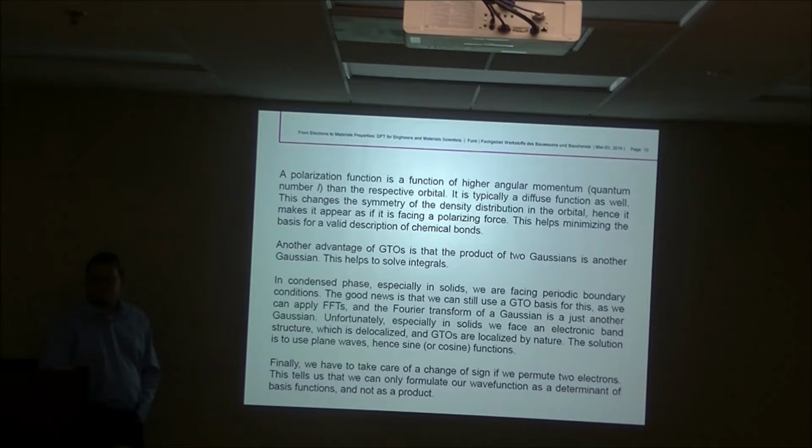And perhaps I should give you some ideas on basis set nomenclature. So what we are using is we try to have one zeta type. Well, this would be a single zeta basis.